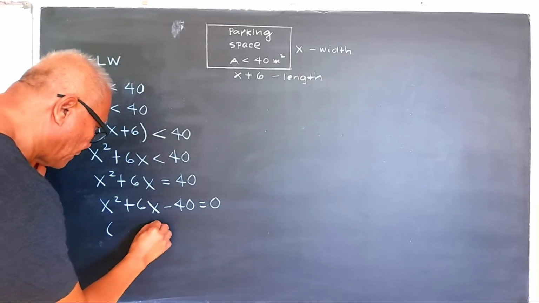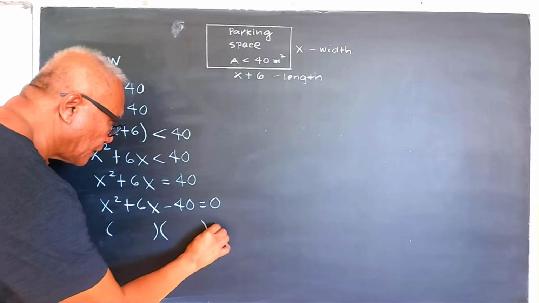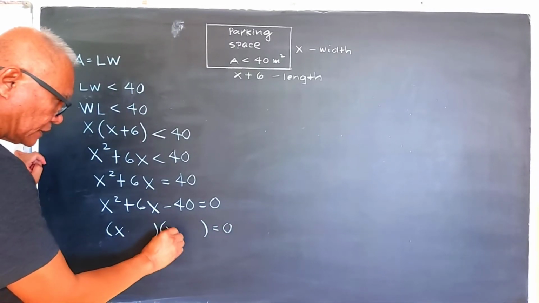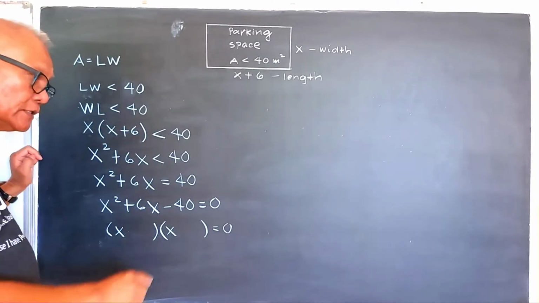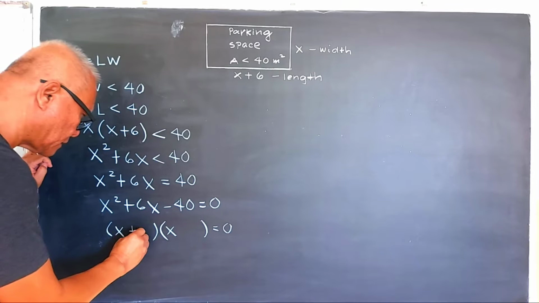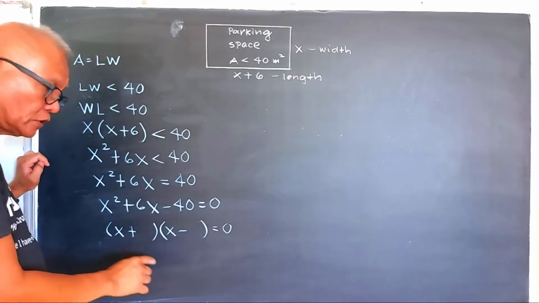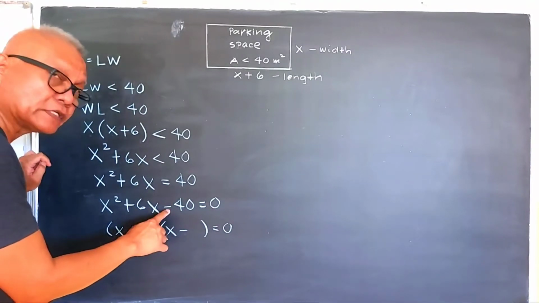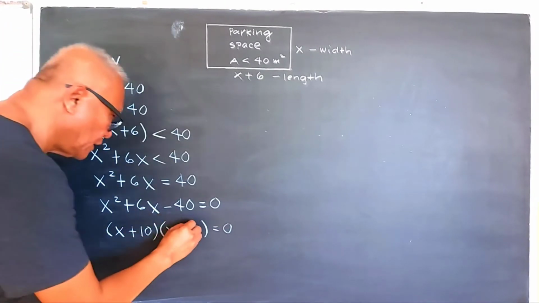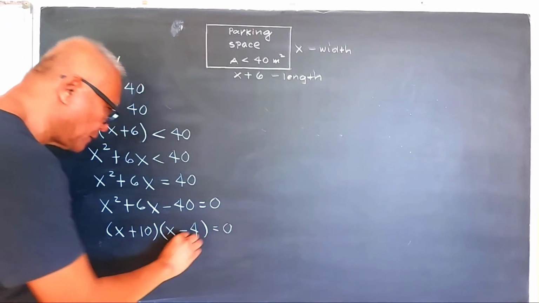So by factoring, x times x is x squared, and if this one is minus, one is plus, one is minus. So positive times negative is negative. So we have here 10, and we have here on the other side 4.